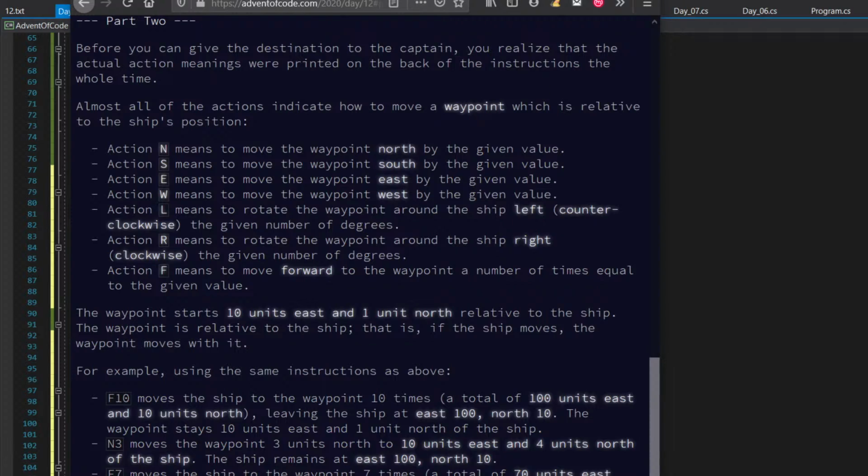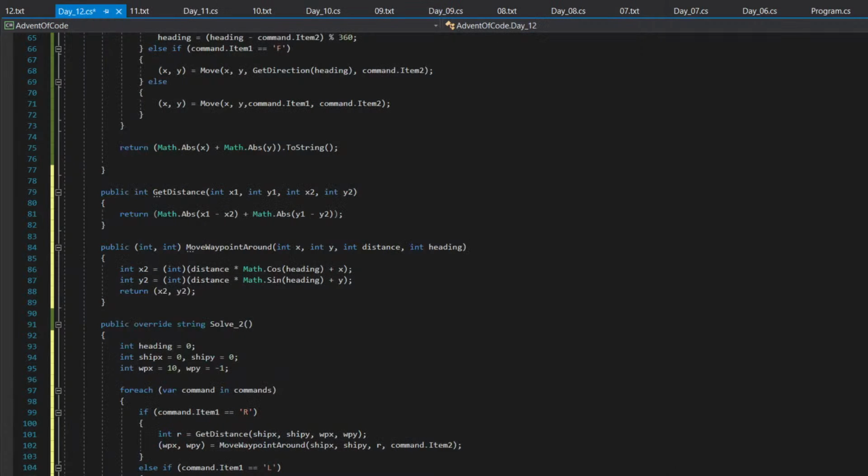Why would R and L matter? Counterclockwise or clockwise? So if it was clockwise, we would just give it whatever the heading is, right? If it was counterclockwise, we would say the heading is the opposite direction of what they gave us. So instead of command 2, we don't need this heading up here.